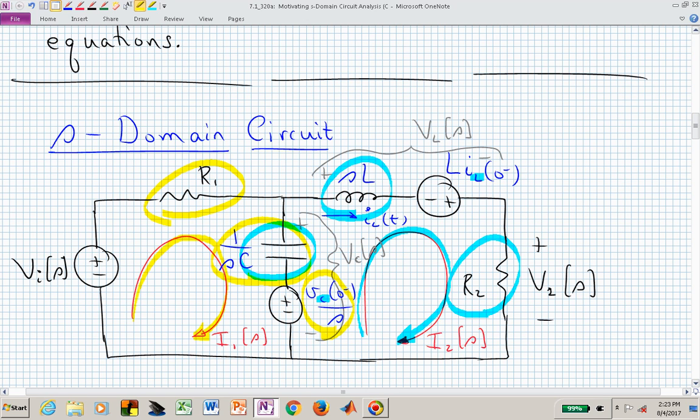Yes, it would. What about the inductor's voltage source, L I sub L? If I made that bigger positively, that also would enhance I sub 2. So in the second equation, I introduce V sub C of 0 minus over S plus L I sub L of 0 minus.